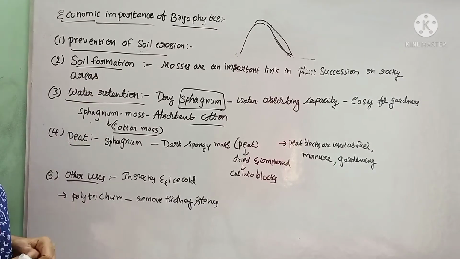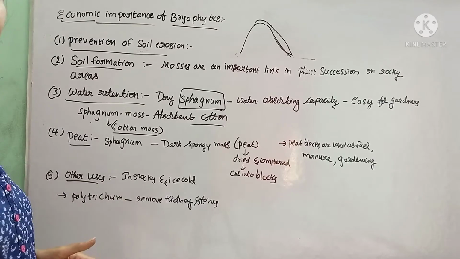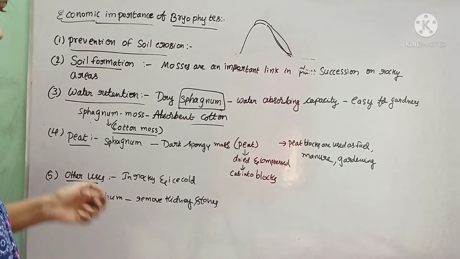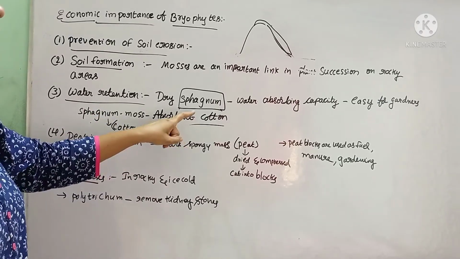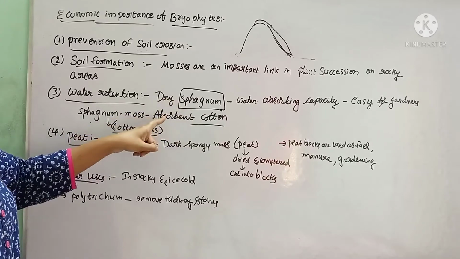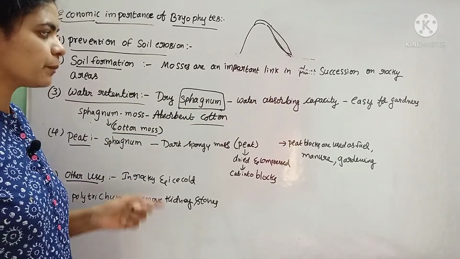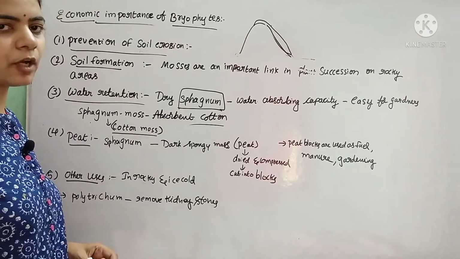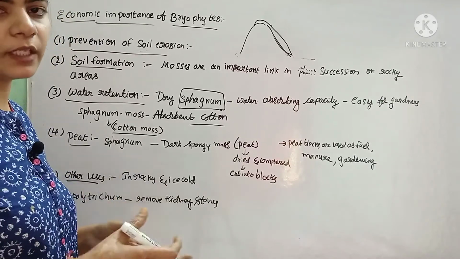Soil formation. The mosses are an important connecting link in plant succession on rocky areas. They are helpful in soil formation and help the growth of plants in those rocky areas. Water retention. Some species of mosses like sphagnum, when in dry conditions, have a high water absorbing capacity. Because of that, sphagnum moss was used by gardeners for the transport of plants from one place to another.